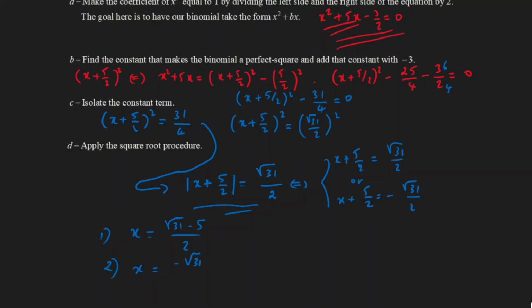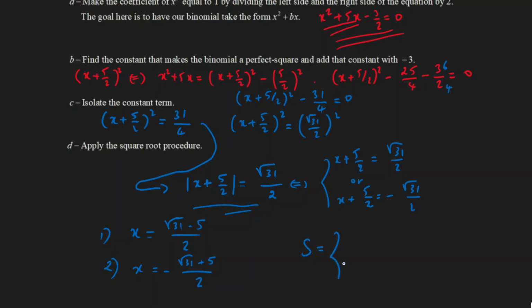or we can write it in a better way. We can write it as negative square root of 31 minus 5 divided by 2. So the solution is two numbers.